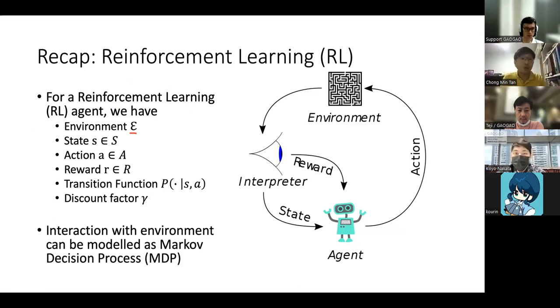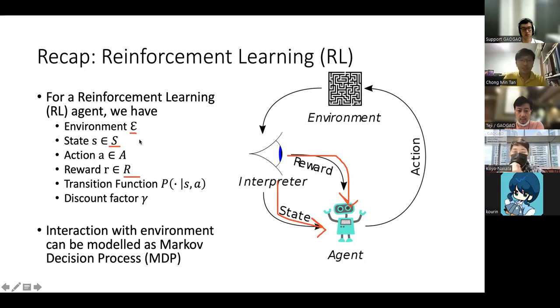It will also give you a reward, whether or not you die, or whether you break some bricks and get some points. So similarly, your environment here will give you a state and a reward. This state and reward are represented by S and R.